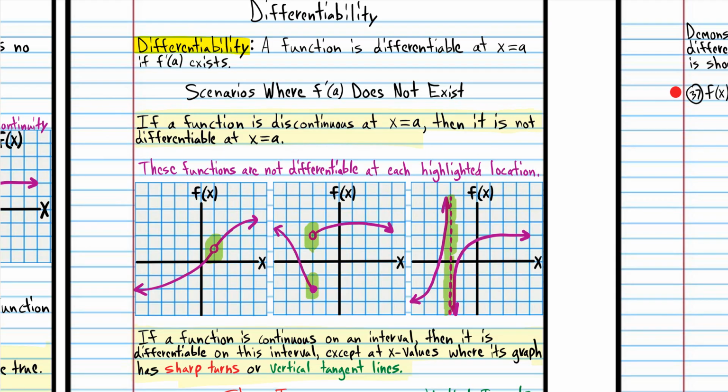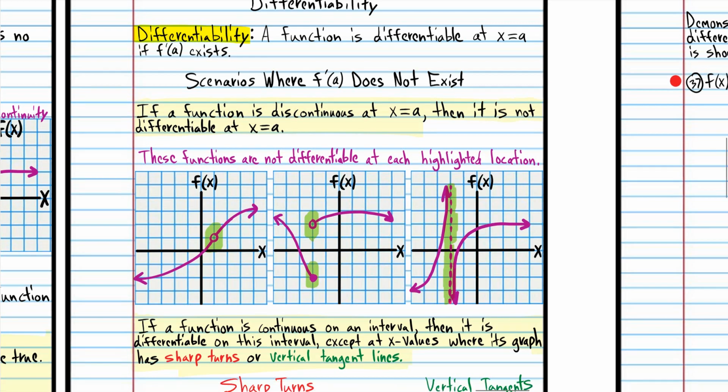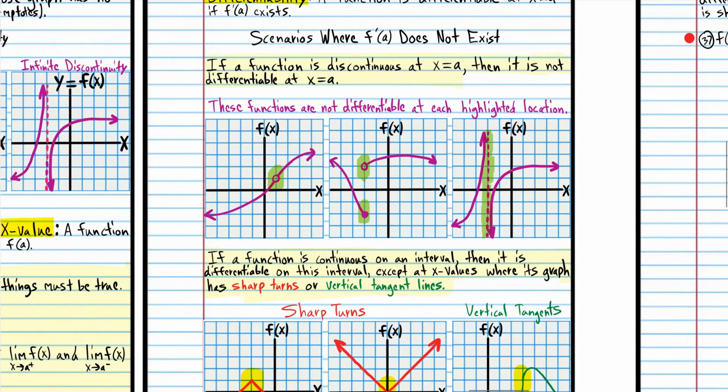Now, it would take some in-depth explanation to explain exactly why that is. In these two scenarios, the function is not even defined at that discontinuity. If you plug in some x value, you don't get an output.